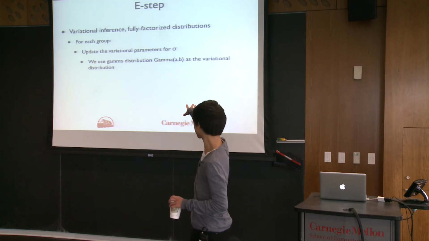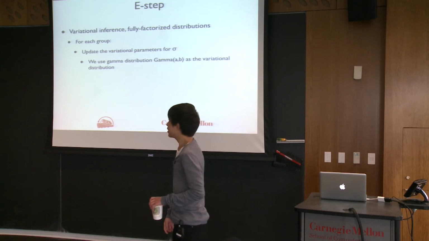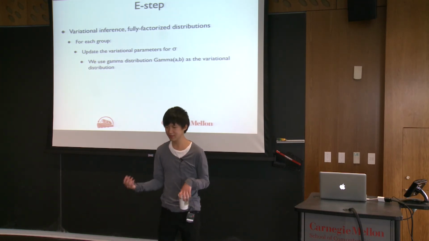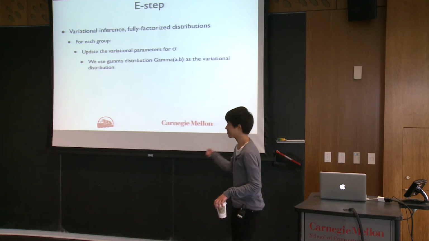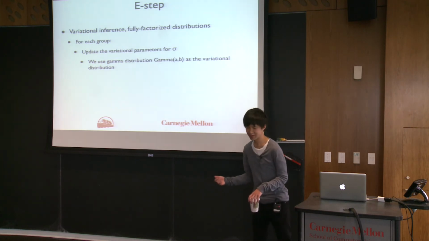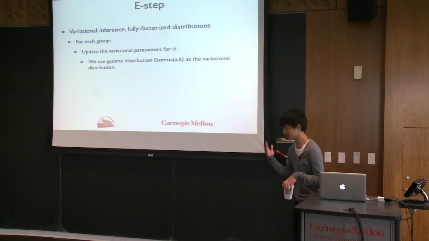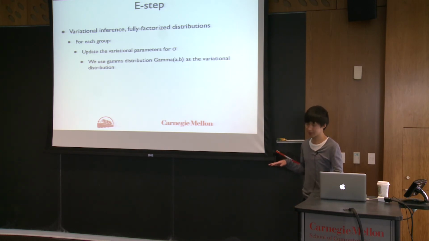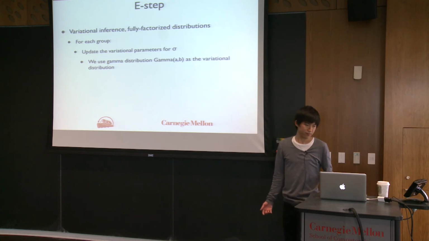So it has two parameters A and B. We choose gamma distribution because we think it's flexible enough to capture at least a unimodal distribution. It's not an arbitrary choice, but it's a non-conjugate relationship. We just decided we're going to use gamma distribution because it looks flexible for a unimodal distribution. So that's for sigma. We need to update A and B, basically, in this step.